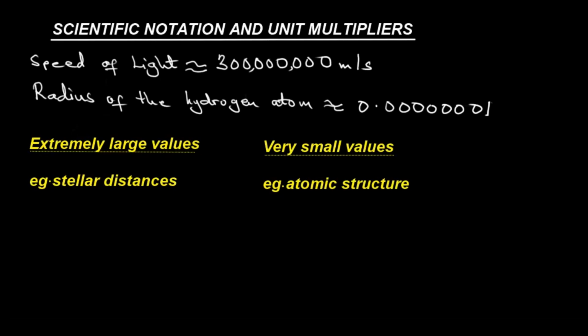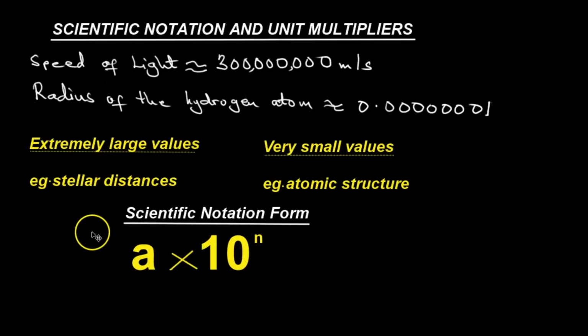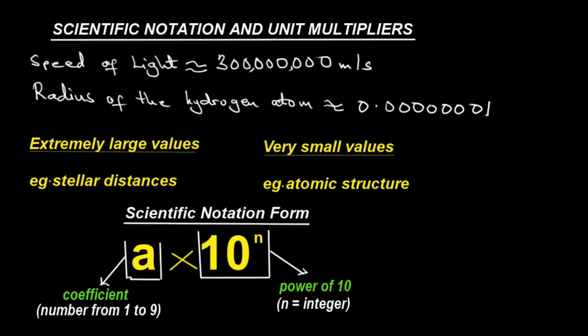This method adopted to achieve this truncation or simplification is what we refer to as scientific notation. And scientific notation is always of the form a times 10 exponent n. Now, scientific notation has two parts. The first part is called the coefficient, and the second part is a power of 10.